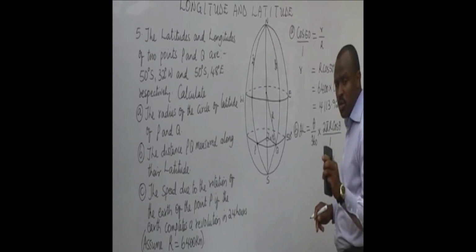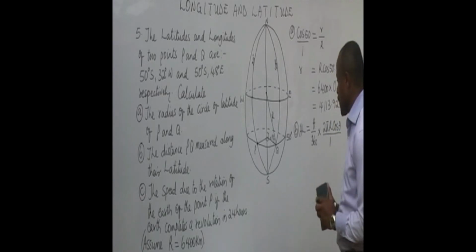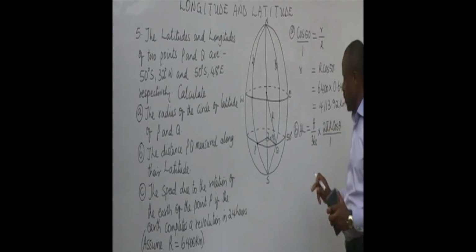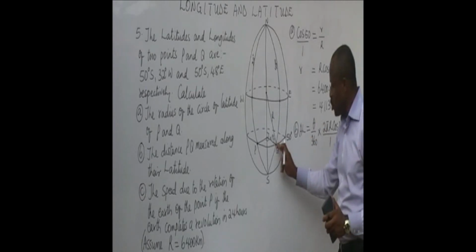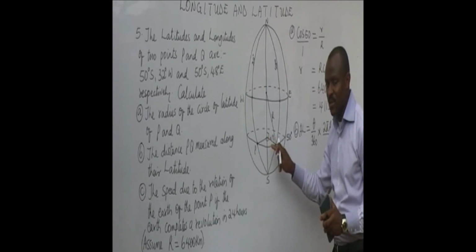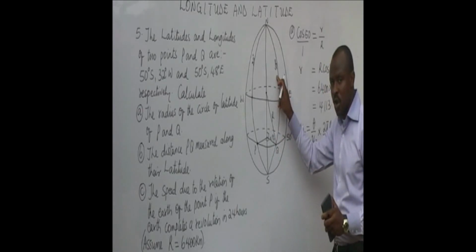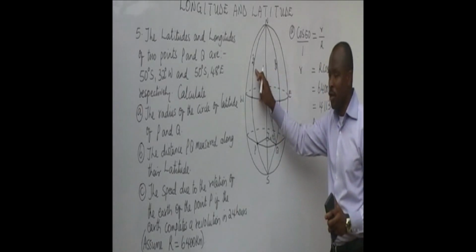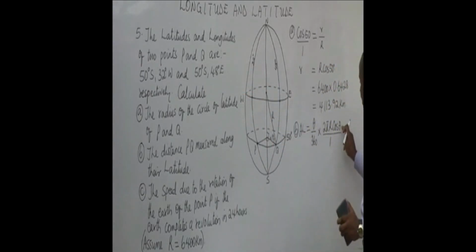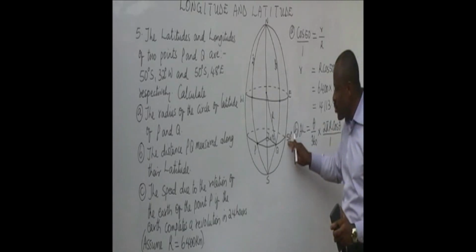Let me also seize this opportunity to tell you the difference between this theta and the second theta. This theta is the angle the 2 points subtend to the center of their line of latitude, and you get it by adding the line of longitude on this side and the line of longitude on the other side. Whereas the second theta is the angle of the latitude where you are working.